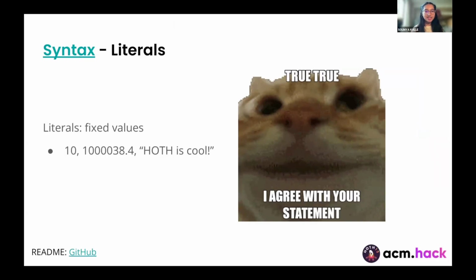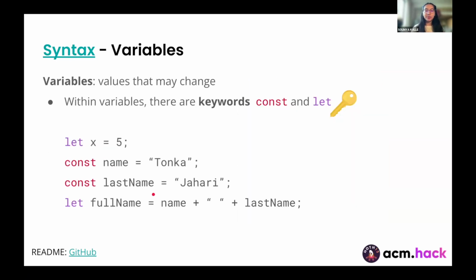Okay, let's start with literals. Literals are just fixed values: 10, a million, a string. All of these are going to be literals. They're just values. You also have variables, which I'm sure you're all familiar with from math class. That's just any values that can change. And within variables, we have keywords like const and let.